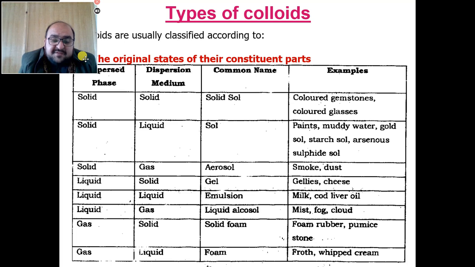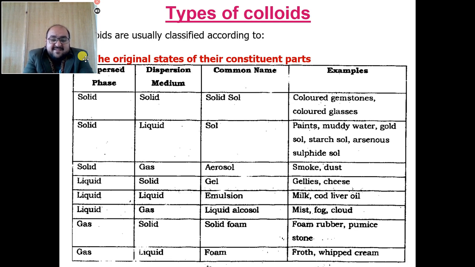If the disperse phase is liquid and the dispersion medium is gas, then it is liquid aerosol, for example mist, fog and cloud. If the disperse phase is gas and the dispersion medium is solid, it is called solid foam, for example foam rubber and pumice stone.